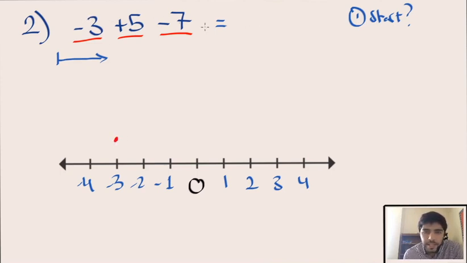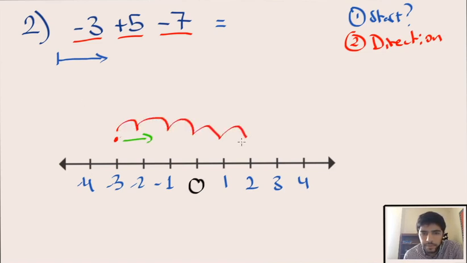Now, we're adding 5, so in terms of direction, there's nothing confusing here because it's just plus 5. So we're going in the positive direction, and we're going 5. So that's 1, 2, 3, 4, 5. So we get to 2. All right. So negative 3 plus 5 is 2. And then now we look at the negative 7.